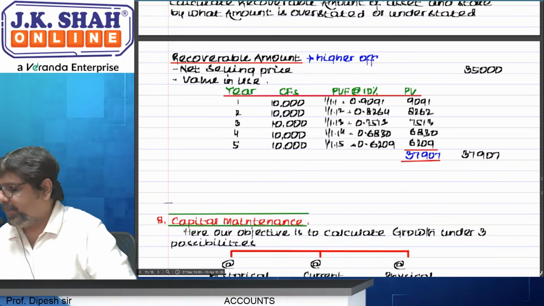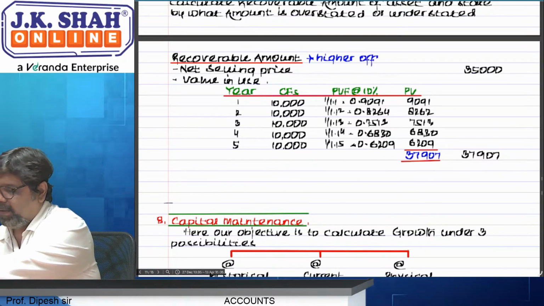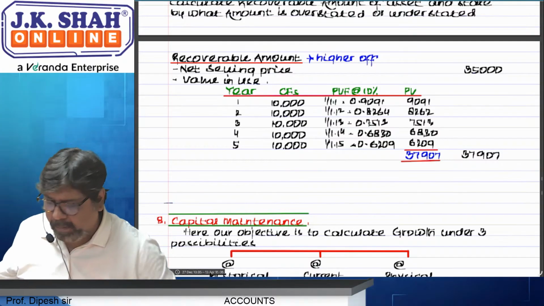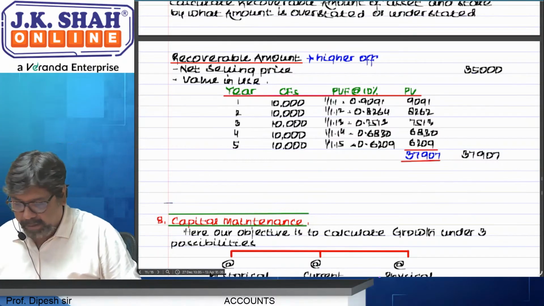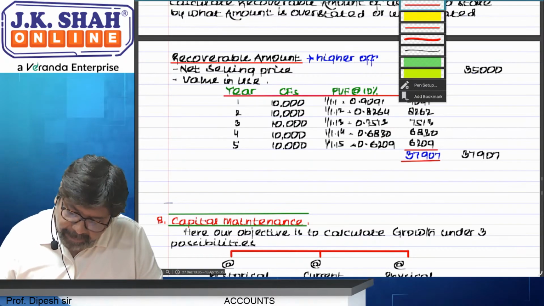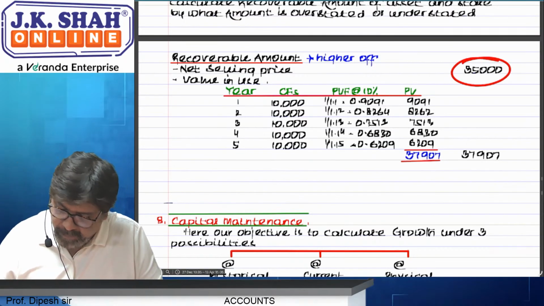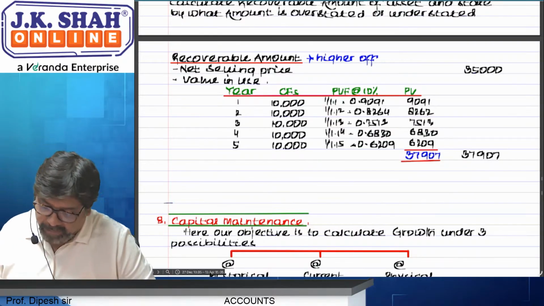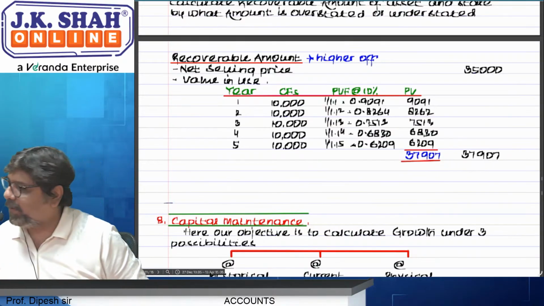Now chartered. Net selling price is how much? 35,000. Value in use is 37,907.